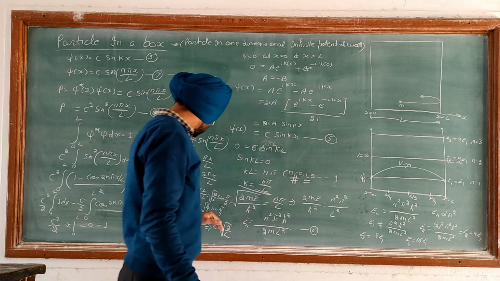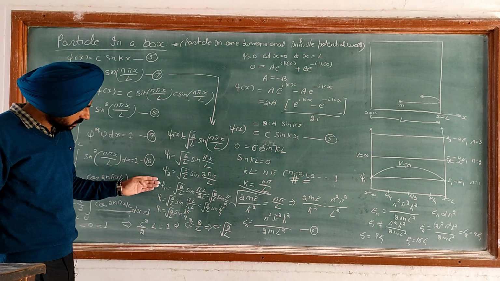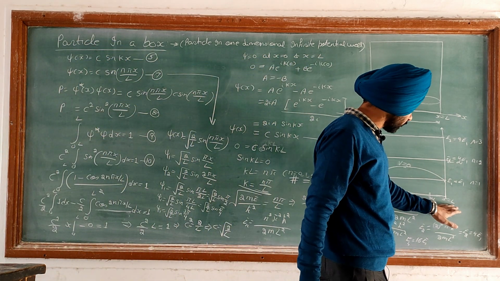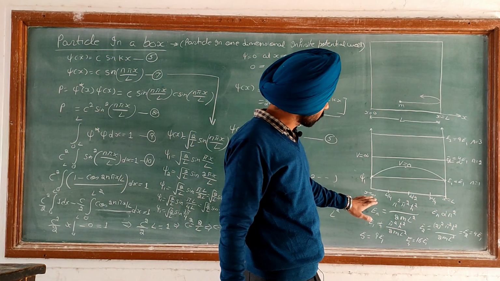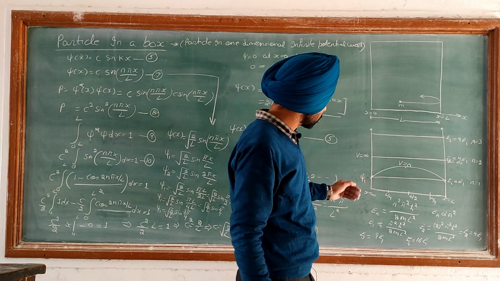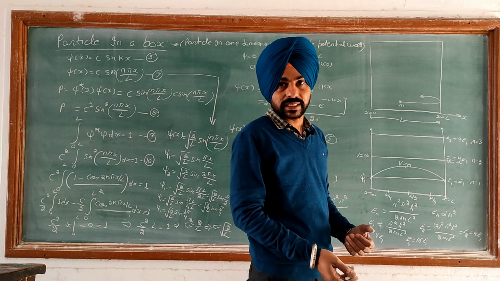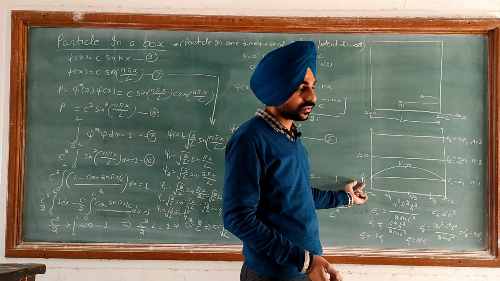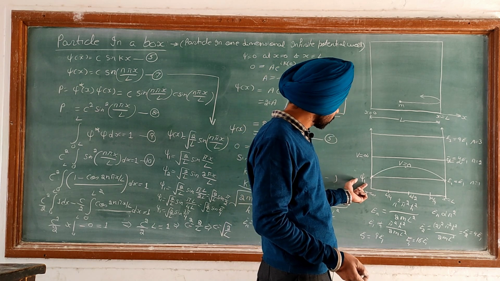Now if we multiply psi 1 at each value of x, for any value of x, with its complex conjugate, then that will be the probability density. So that is psi 1 star into psi 1. So we can also plot that.